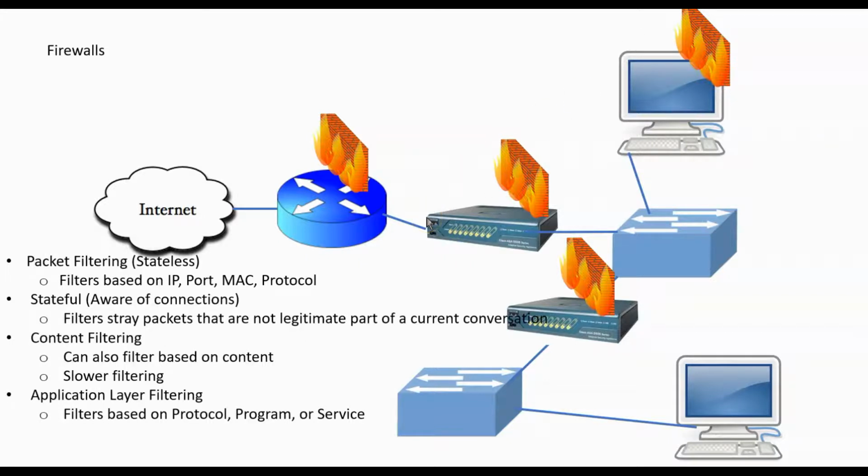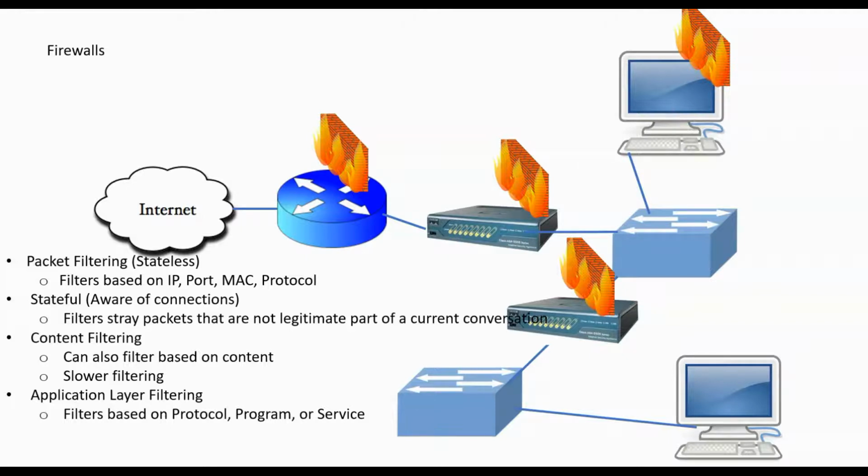Let's talk about the various kinds of firewalls. The very simplest ones are called stateless or packet filtering firewalls. They just filter based on things like the IP address, the port number, a MAC address, or a protocol. In fact, the firewalls that are built into most routers today are simply packet filtering or stateless firewalls.